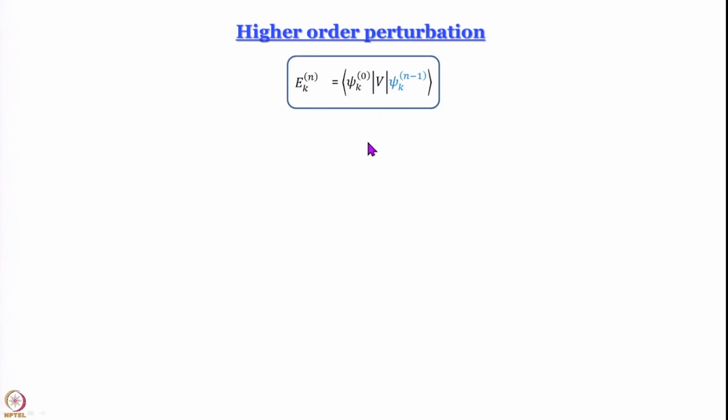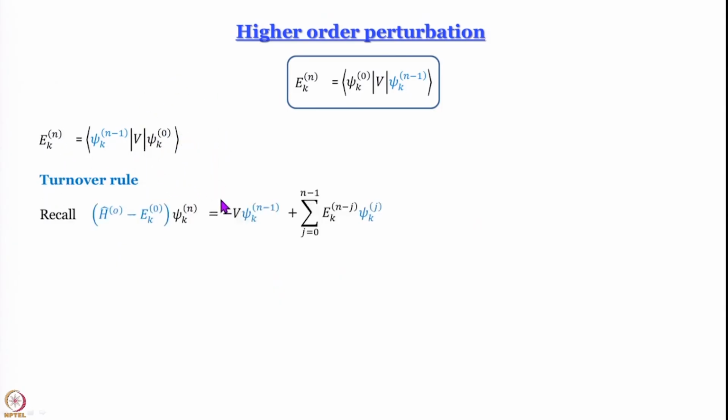Now, we are going to use our old friend the turnover rule, and interchange the wave functions in the bra and ket vectors. We can do that because V is a real quantity. Remember the turnover rule. Why do we bring the unperturbed wave function psi k from the bra vector to the ket vector?